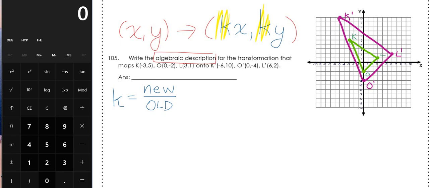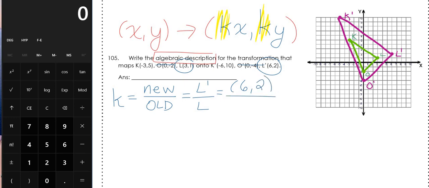I can pick any of the coordinates. Now, strategically, I'm not going to pick O. Because if I pick O, I have a 0 in there, and that's not going to help me. But I could use anything else. So let me use L. So L becomes L prime. So the new one is L prime. So we're going to do L prime divided by L. L prime is at 6, 2.